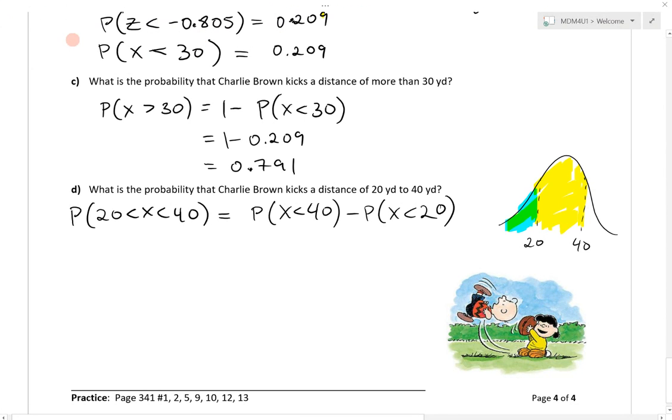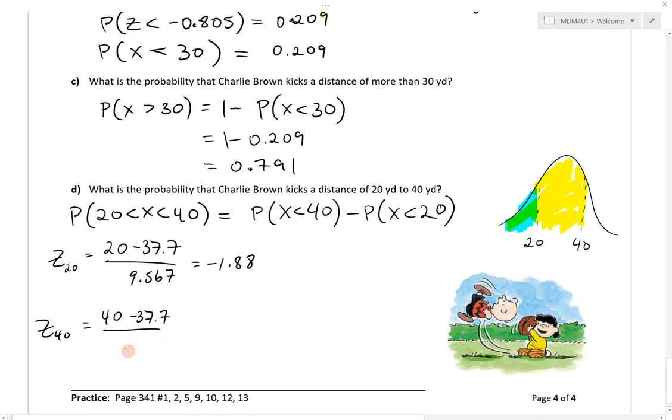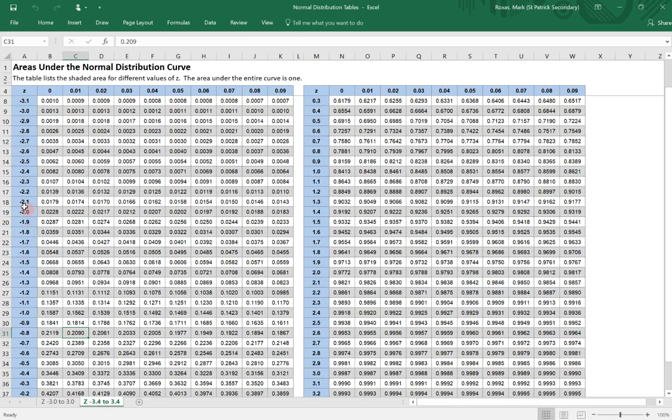Okay, so let's find the z-score for 20. The z-score for 20 is equal to 20 minus 37.7 over 9.567, and that's equal to negative 1.85. And the z-score for 40 is equal to 40 minus 37.7 divided by 4.507, and that's equal to 0.5103. So let's look up these probability values for negative 1.88. So negative 1.8, the second decimal is 8, so right over here, 0.0301.